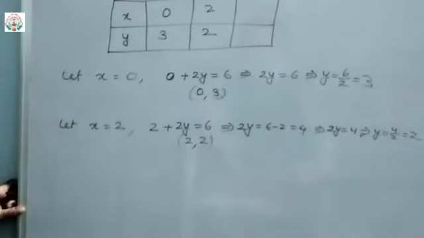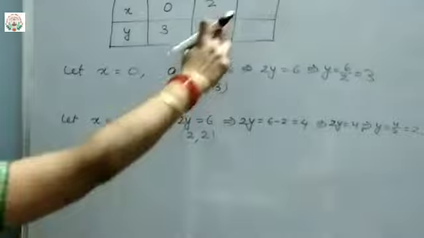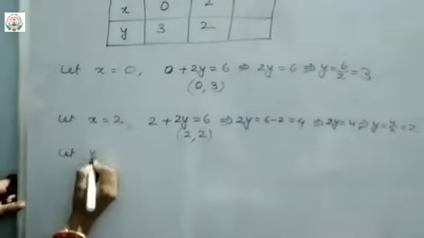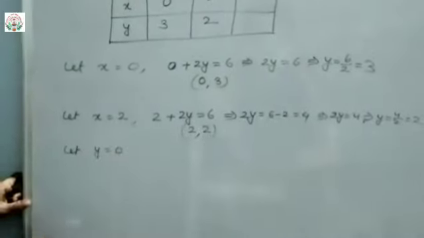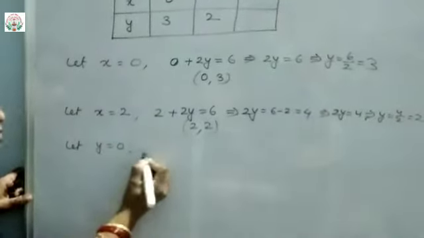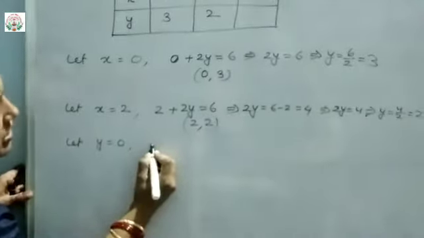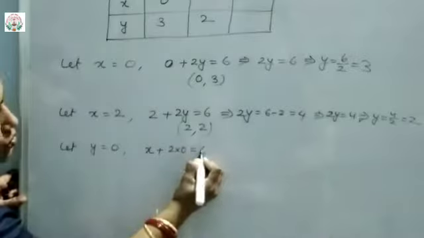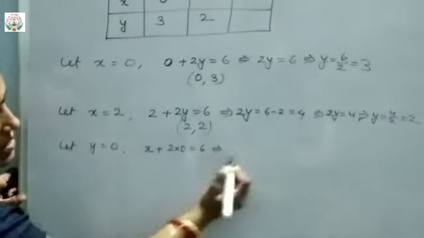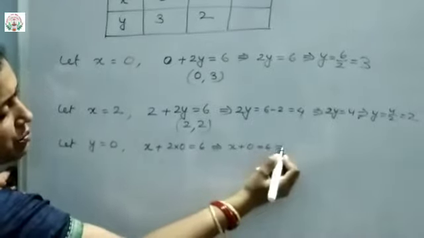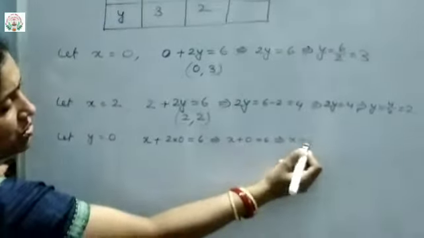Okay, clear? One more value we will take, that is, let y equals to 0, suppose I am taking. Y value I am considering as 0. So what will be my x value? So that is x plus 2 into 0 equals to 6, implies x plus 0 equals to 6, implies x equals to 6.